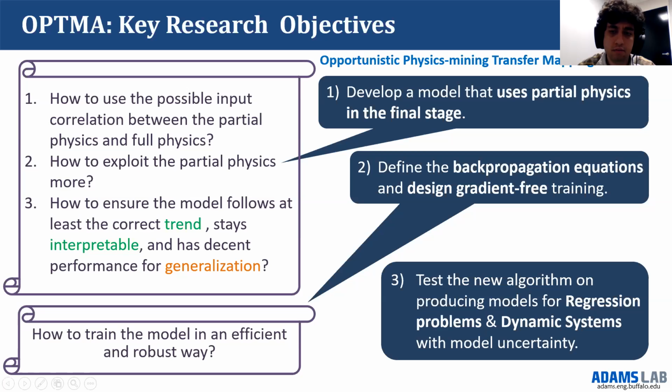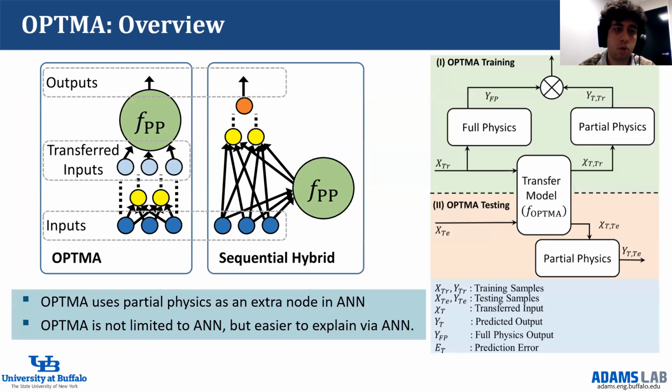And in order to train them, we defined backpropagation equations, and we designed a gradient-free training. And we tested it on some regression problems and some dynamic systems that I explain in the next slide. So, as a very, very broad view, if we want to simplify the model, we can think of it this way: if the data-driven model was a neural network, how could we use the partial physics?